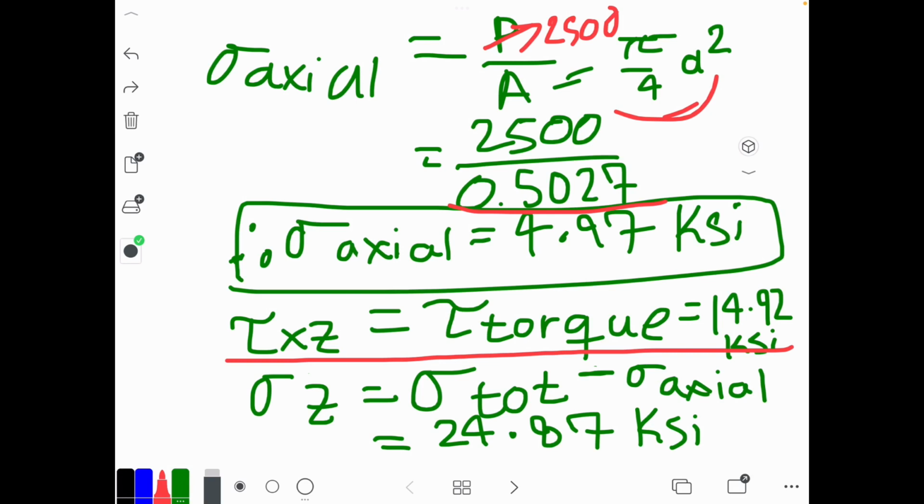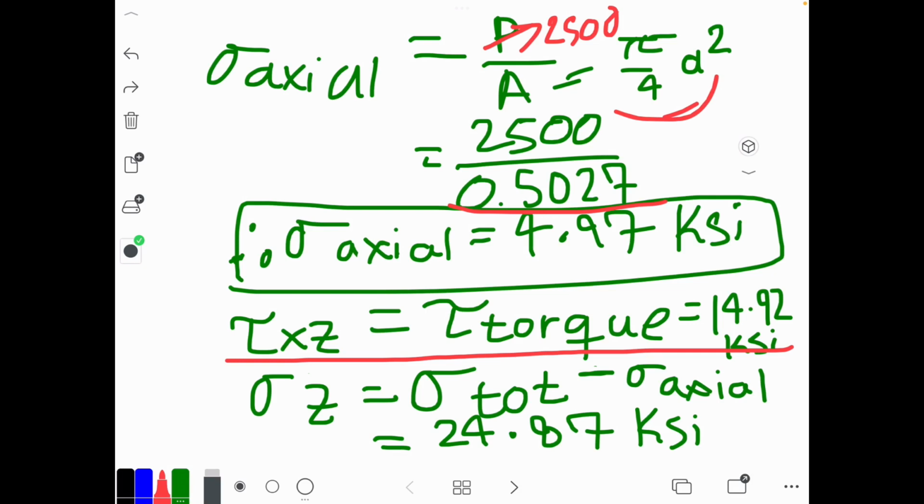So it's 14.92 ksi. But for our sigma z, our stress in the z direction, or stress in the x direction, actually in the z direction, my bad, because we were looking at H. So stress in the z direction, as it goes towards the sides of this area of H, is going to be our total normal stress minus our axial normal stress.